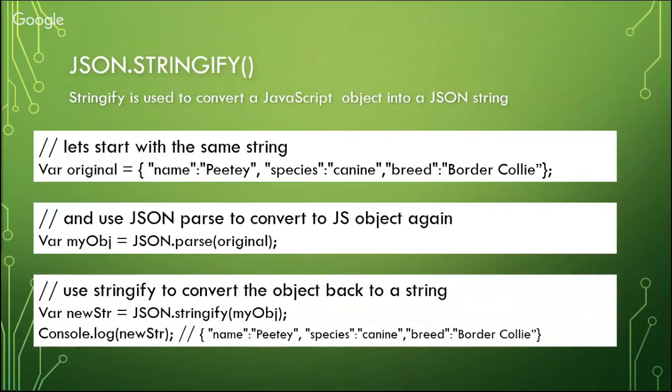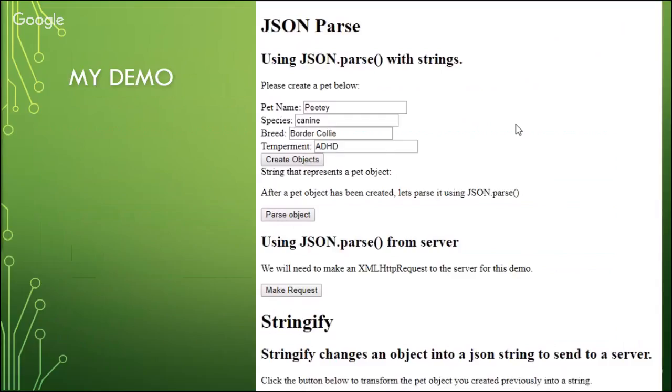We can use the method stringify to convert that object back into a string. So here, if we log to the console my new string, I'll get the string that we had: name PD, species canine, breed border collie. Questions on stringify? Two sides of the same coin here.